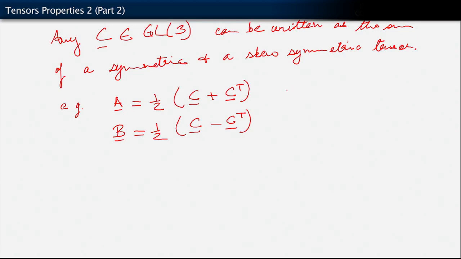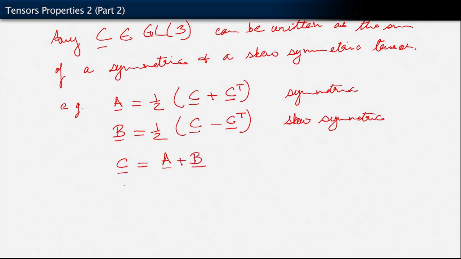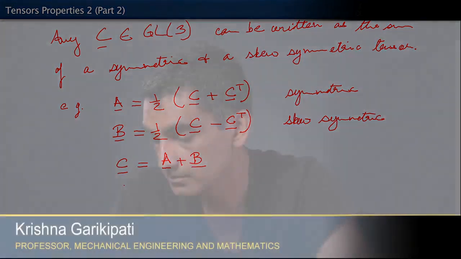So this one is symmetric, and this is skew-symmetric. And clearly, if you add A and B, you get back C. We can clearly see that C equals A plus B. So this is a very useful representation of any general tensor that we will often use as we go ahead with the rest of continuum mechanics.